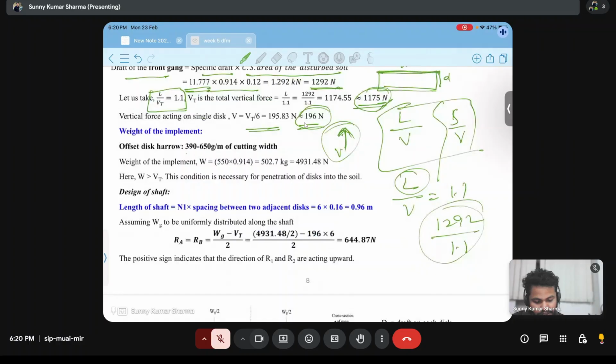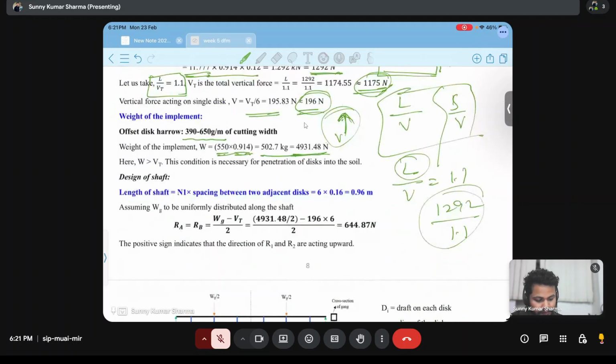Now for the offset disc harrow, the weight per meter of cutting width is like 390 to 650. If we take 550 kg per meter of cutting width, with a cutting width of 0.914, this comes to 4,931 Newton. This weight is in kg, not gram.